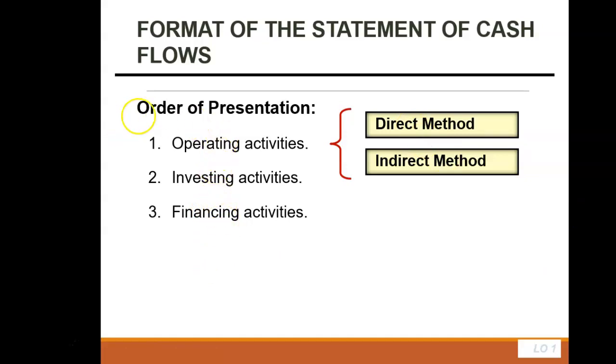It is the operating activity section that's going to be different depending upon whether you use the direct method or the indirect method. They will both give us the same end result, but they take two different approaches to determine whether we had net cash inflows or net cash outflows from our operating activity.